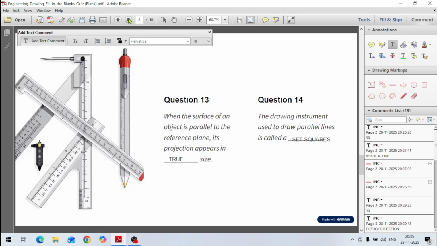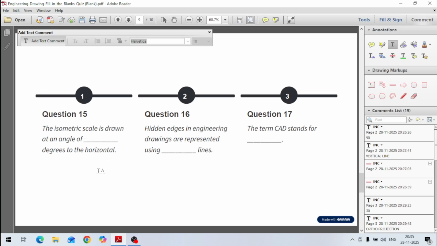Next is, isometric scale is drawn at an angle of how many degrees to the horizontal. Isometric scale is always drawn at 30 degree to the horizontal.